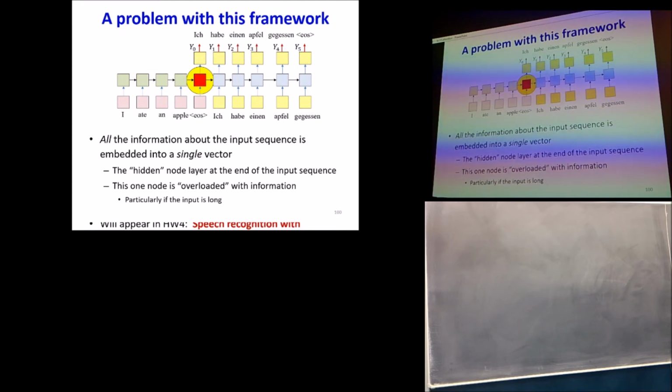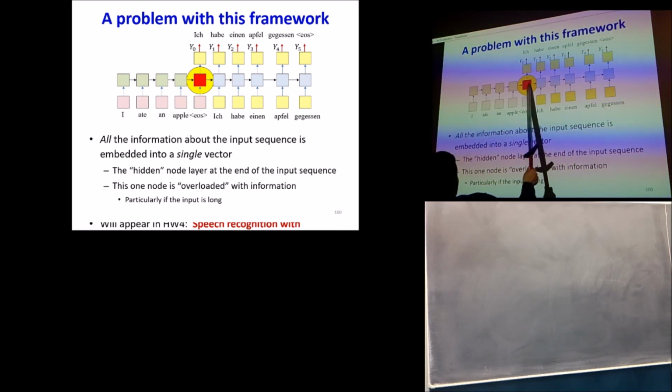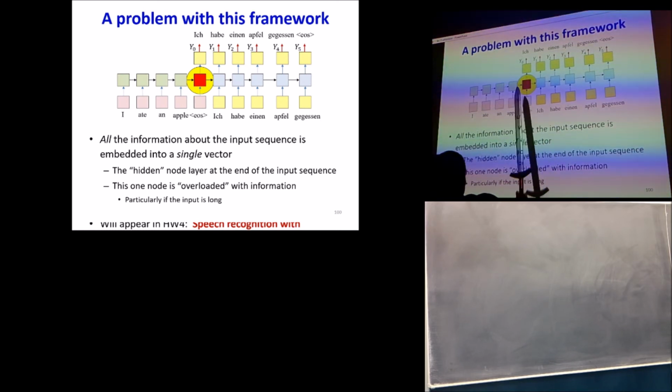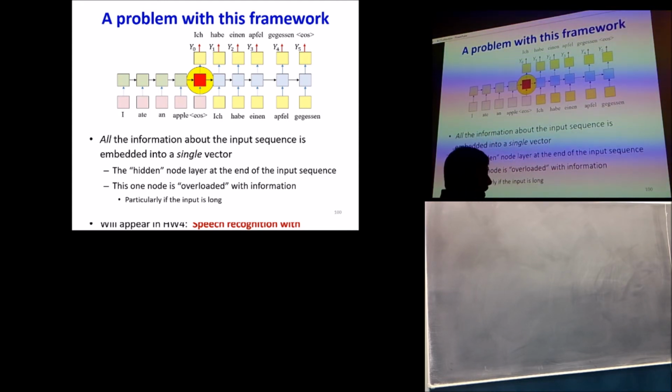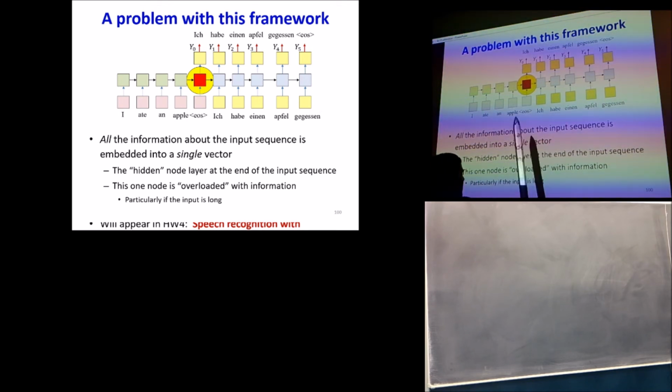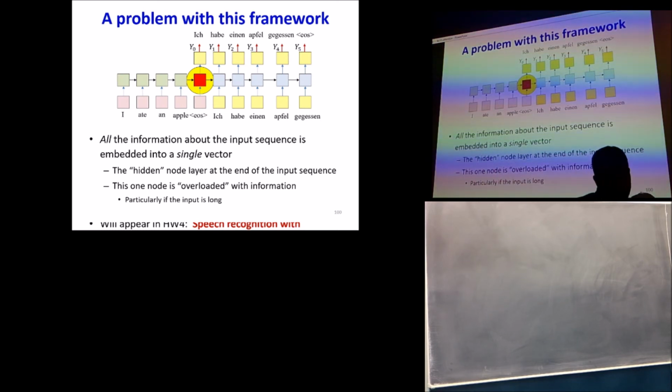Now, there's a problem with this framework. All the information about the input sequence is stuffed into one vector, which is the hidden node layer at the end of the input sequence. This one node is effectively overloaded with information, particularly if the input is very long.